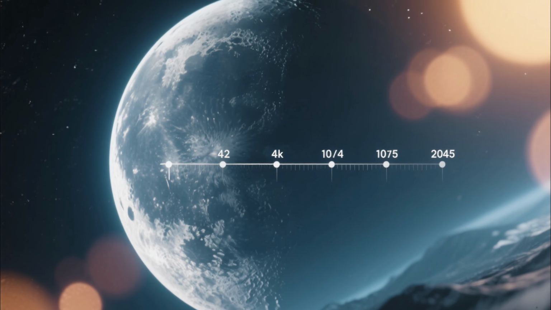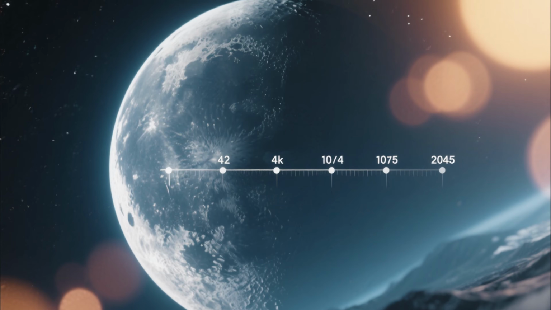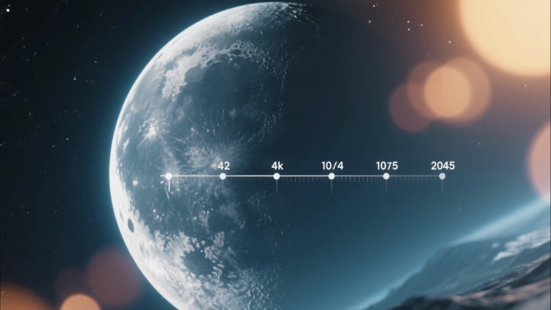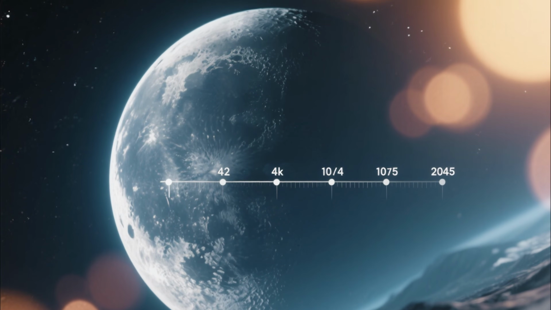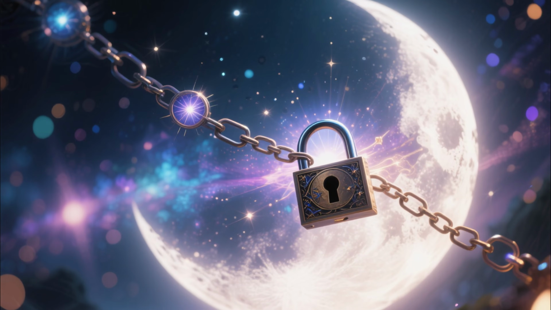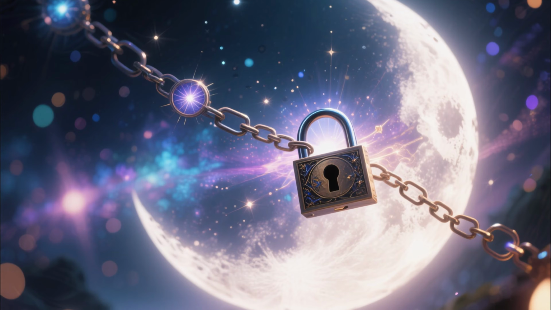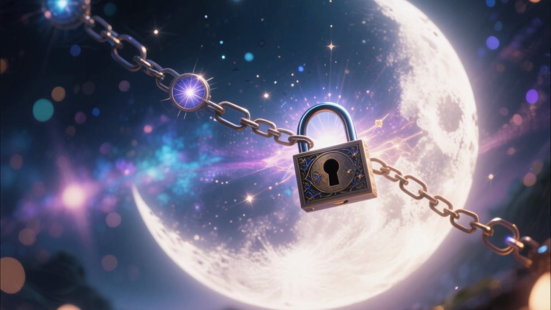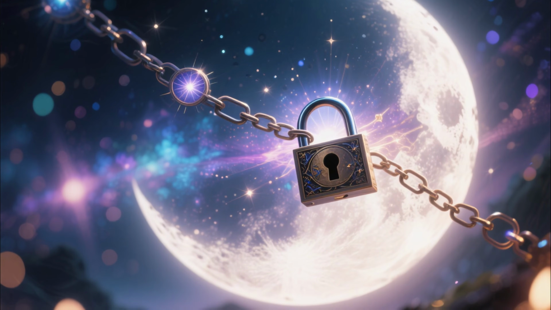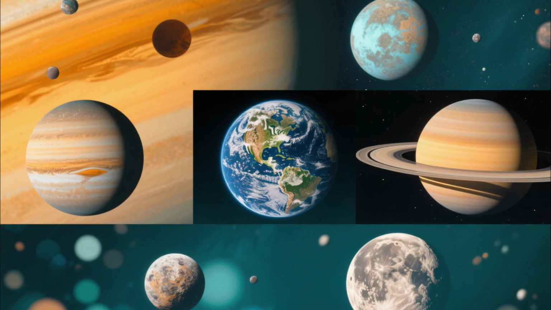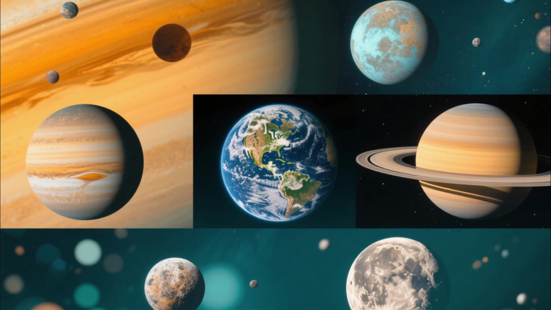In the earliest stages of the Earth-Moon interaction, the Moon was much closer to Earth than it is today. As a result, Earth's gravity exerted strong tidal forces on the Moon, deforming it slightly. This deformation produced a tidal bulge, a subtle stretching of the Moon's shape along the Earth-Moon line.